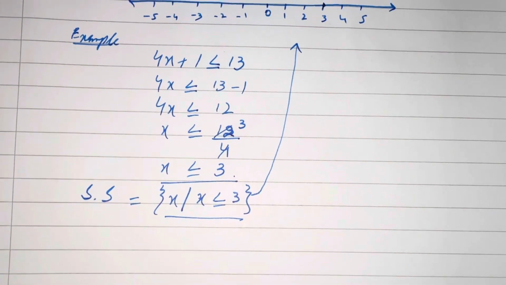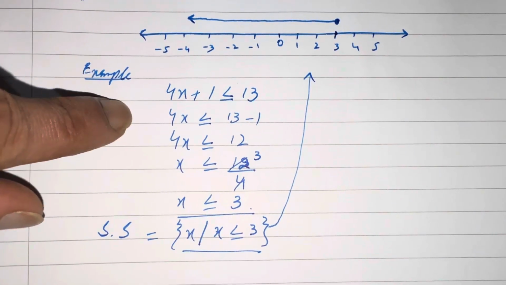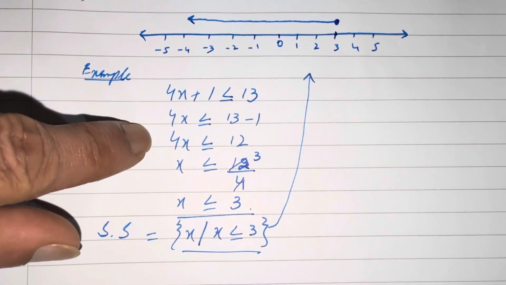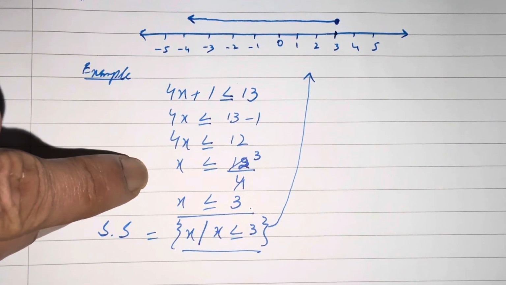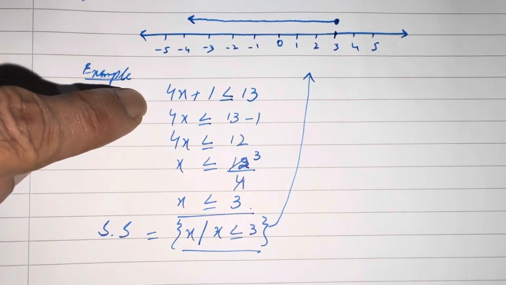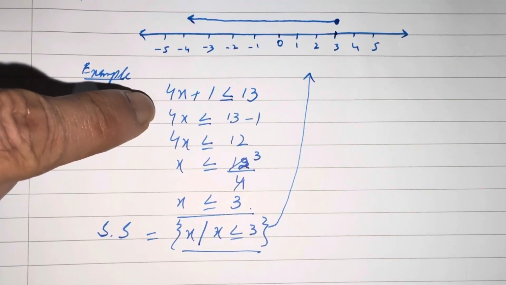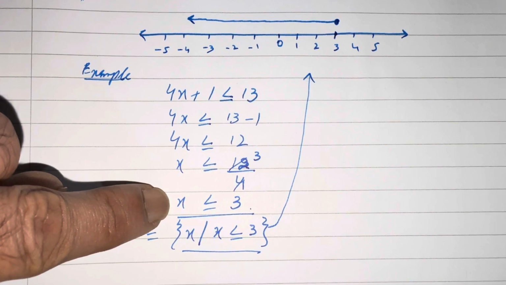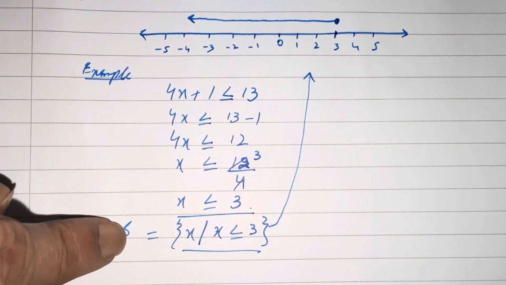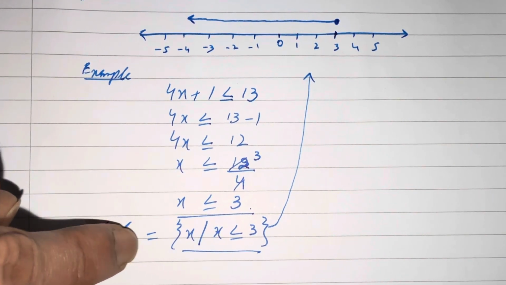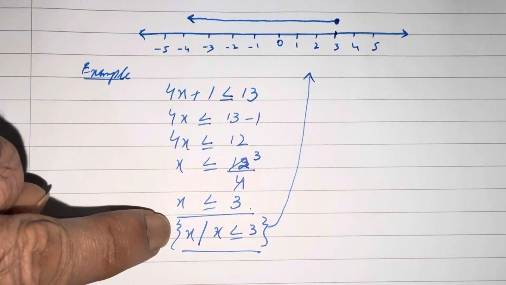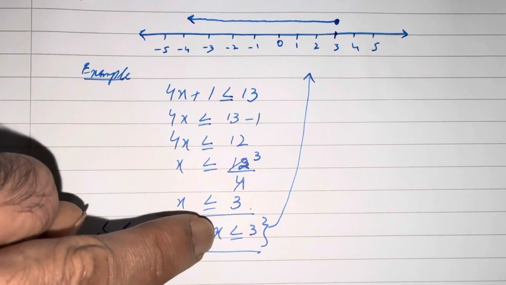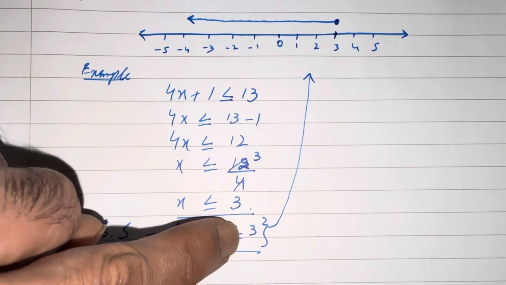That's the same process we always do in linear equations to find the solution sets, and the same process we have to do in linear inequality: we find the value of x, and then the solution set of the inequality can be represented in the middle brackets as x such that x is less than equals to 3.